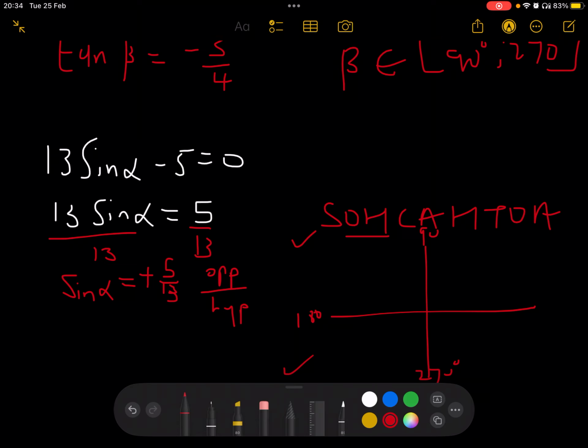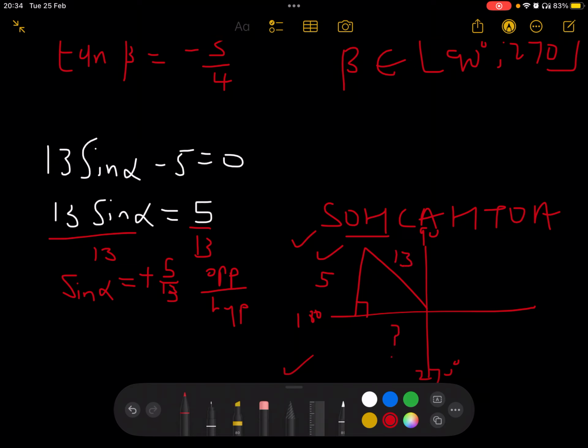Where is sine positive in the quadrant of 90 up to 270? Where we have two ticks, that's the quadrant we're going to draw our right angled triangle. Then the opposite side will be 5 and the hypotenuse will be 13.